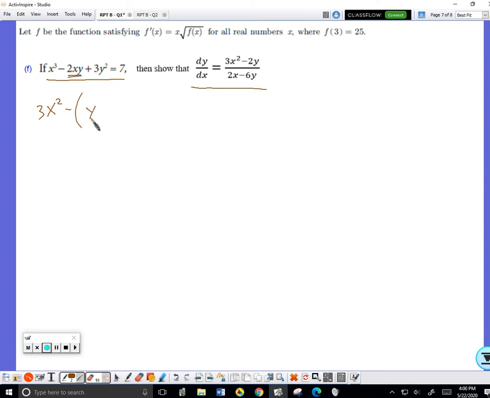So it's the second times the derivative of the first plus the first times the derivative of the second plus the derivative of this is going to be 6 y to the first power, then dy dx. And the derivative of 7 is 0.